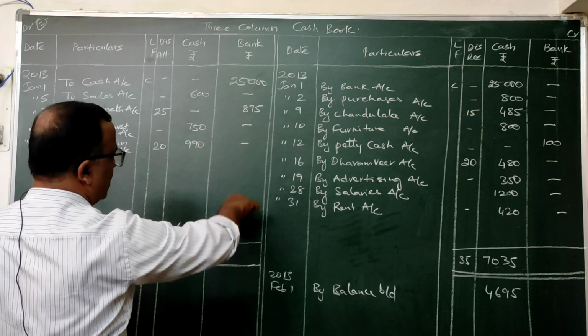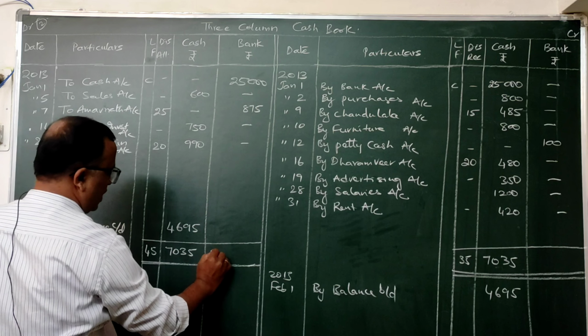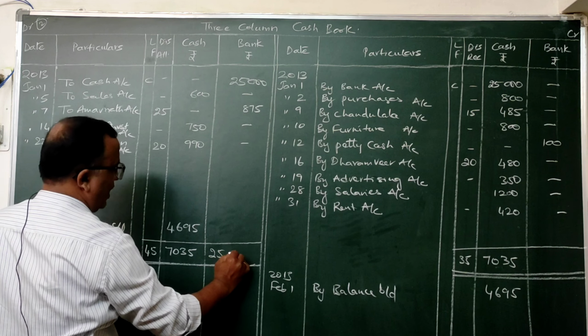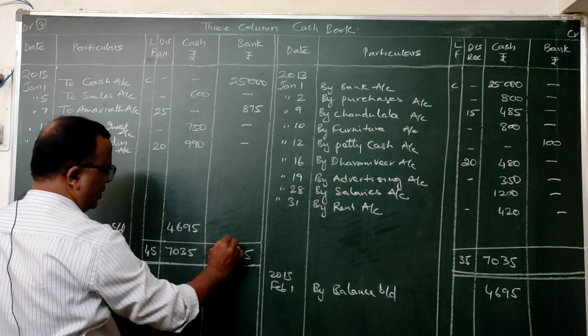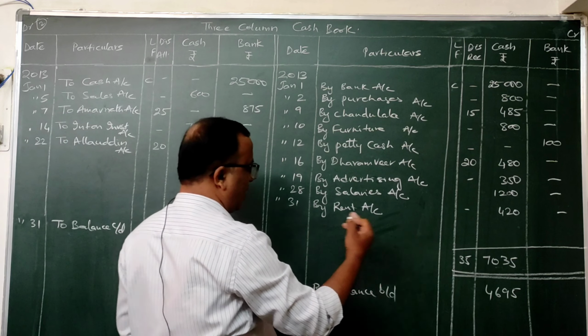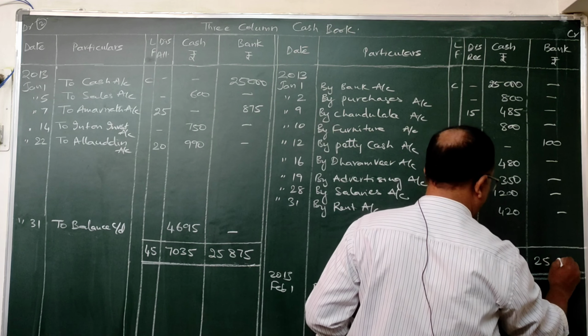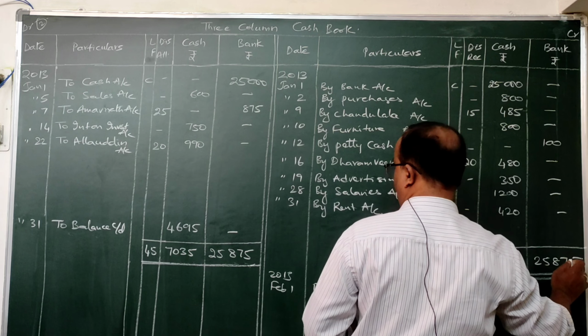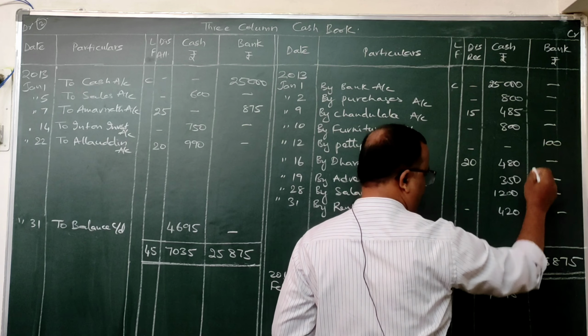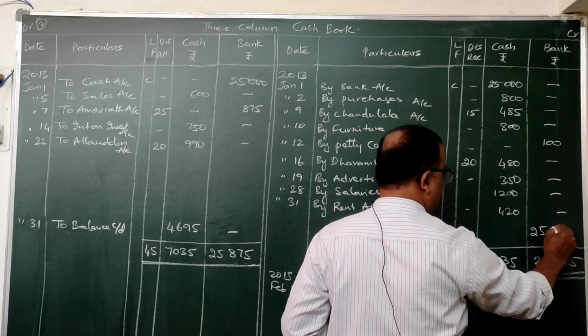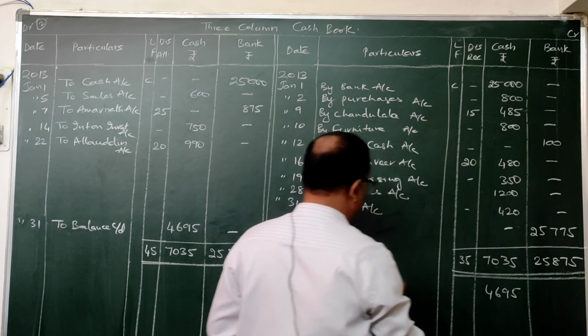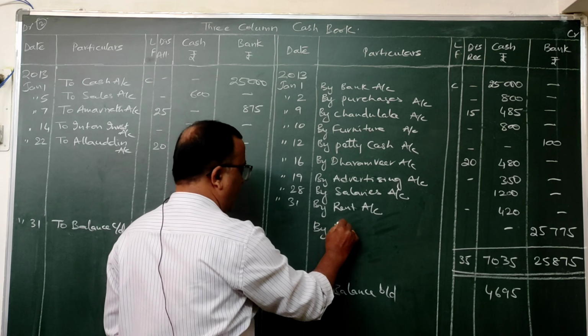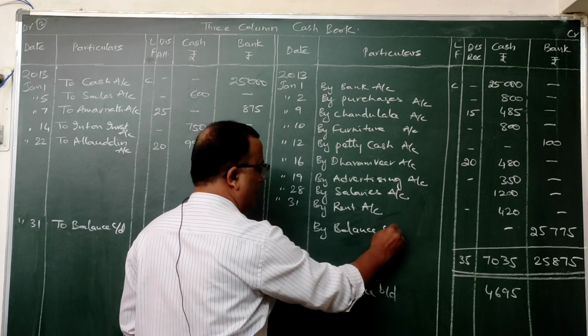Similarly, see which side is more. If you see it, debit side total is more. Debit side total is 25,875. So the same amount we are writing here, 25,875. Now from this, if you subtract this 100 rupees, it will be 25,775. So this will be your by balance carried down.